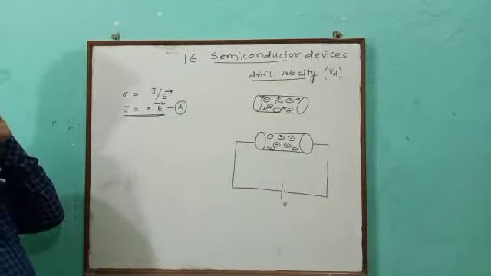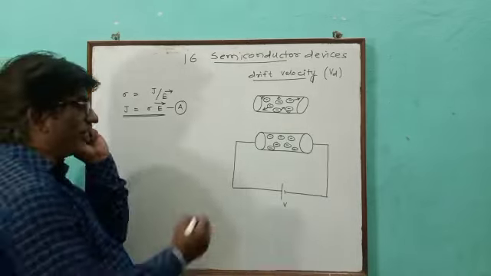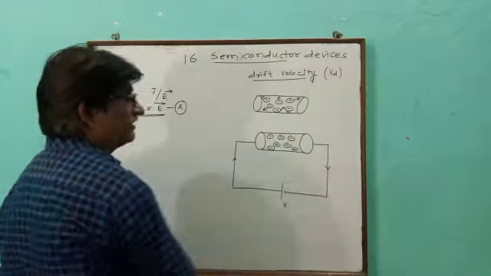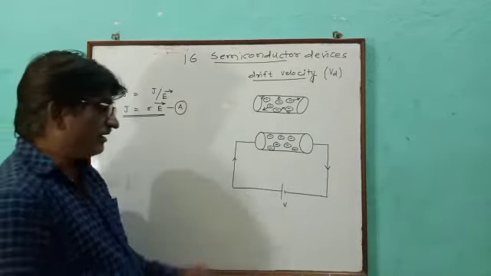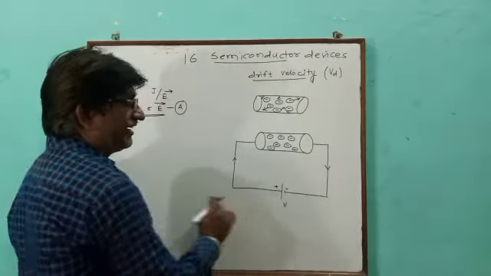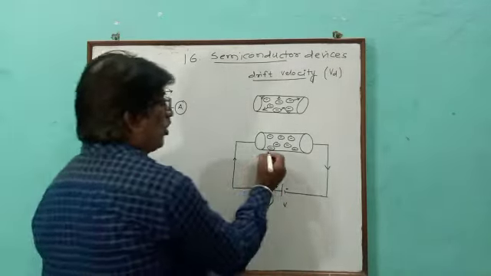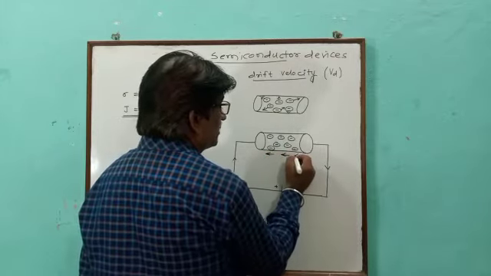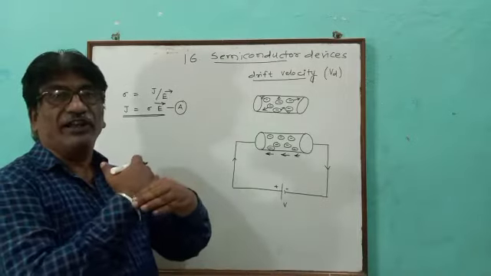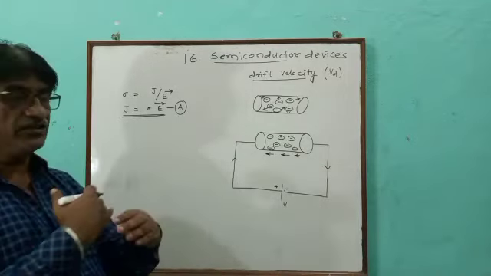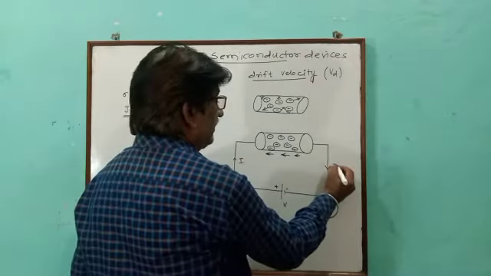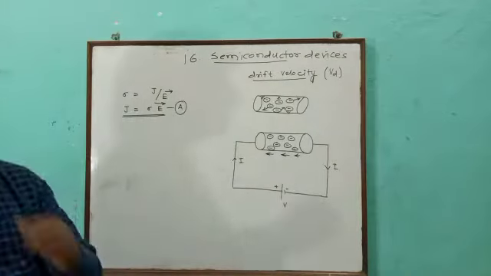When we apply a battery or a cell, current flows in that direction, from positive to negative, and electrons flow towards the positive side, which means the flow of electrons is opposite to the flow of current.